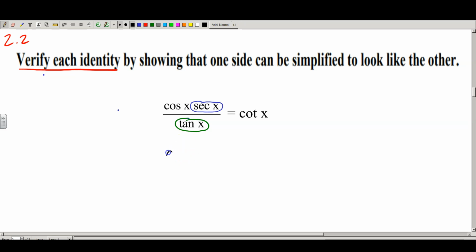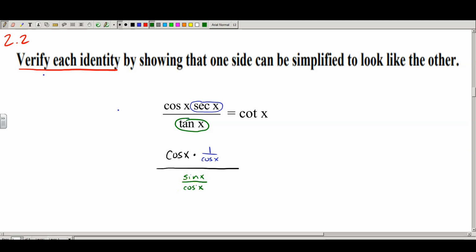So if I do that, I have cosine x now times the secant, which is the same thing as 1 over cosine. So I change that to 1 over cosine. Then this is all divided by the tangent.